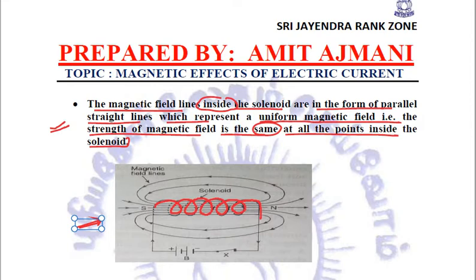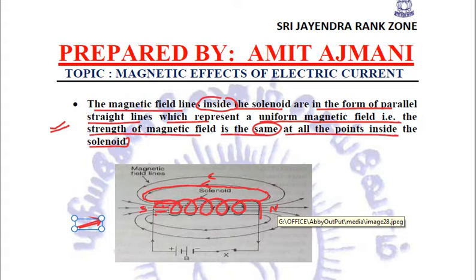Secondly, it behaves as a bar magnet and it has north pole and south pole, and the magnetic field lines will be going from north to south outside the coil and from south to north inside the coil, just as in the case of a bar magnet, right? So two things we noted down in solenoid.